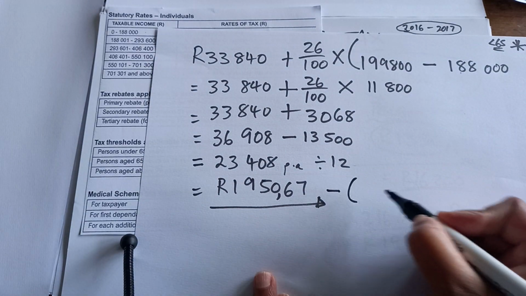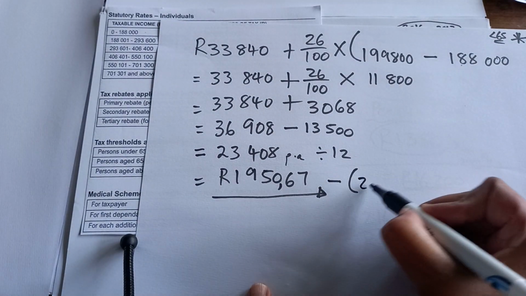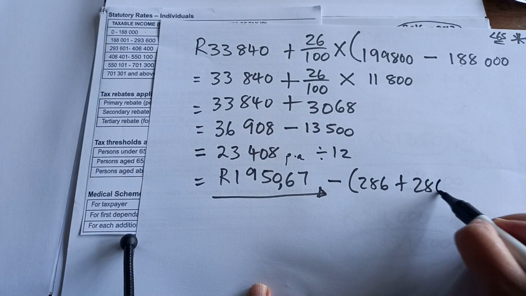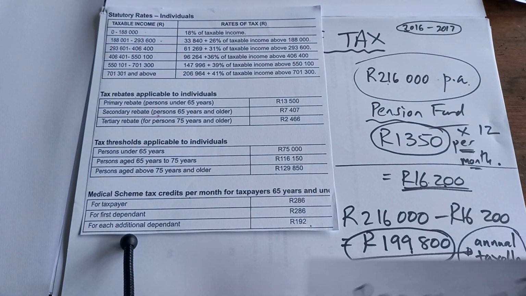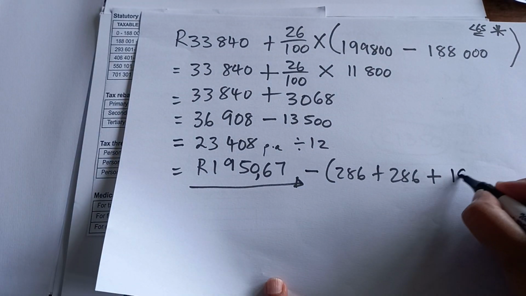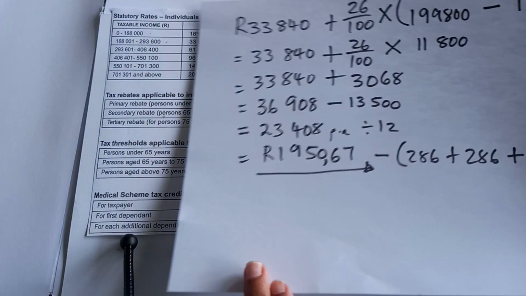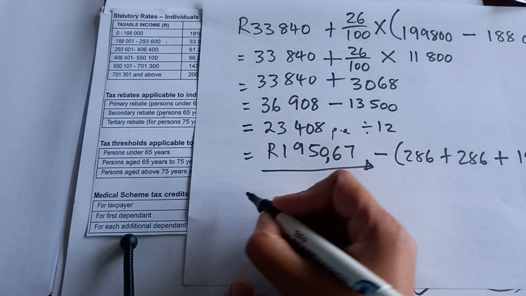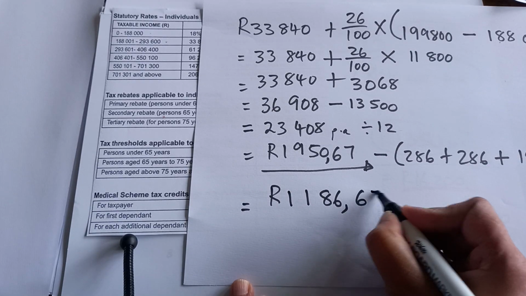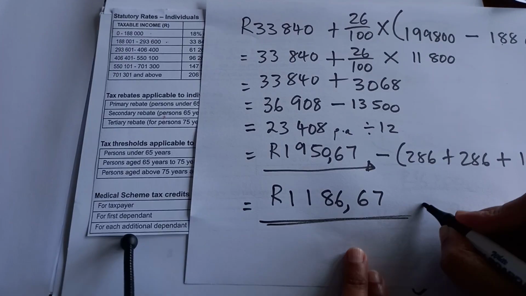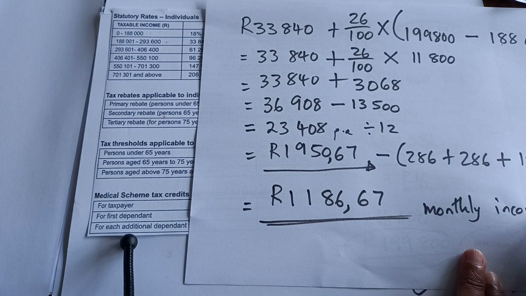So I'm minusing the value again, 286 for himself, another 286 for his wife, and for his child dependent, 192. Remember, all these values are per month. So I minus all of them, and that leaves me with 1,186 rand, 67 cents. So this is his monthly income tax.